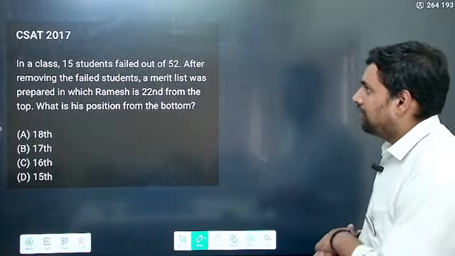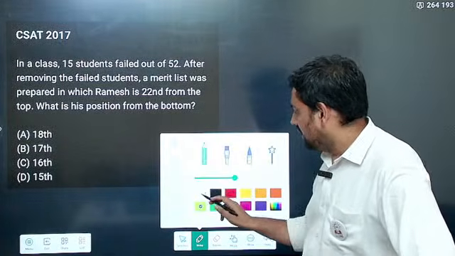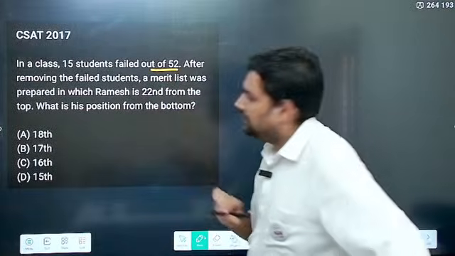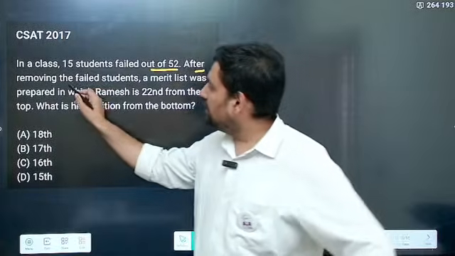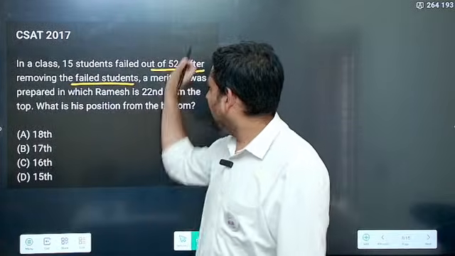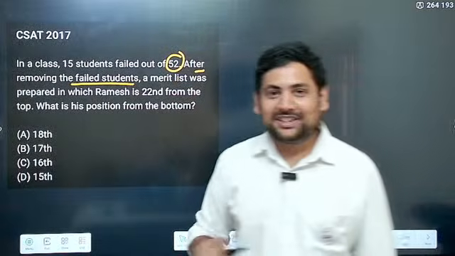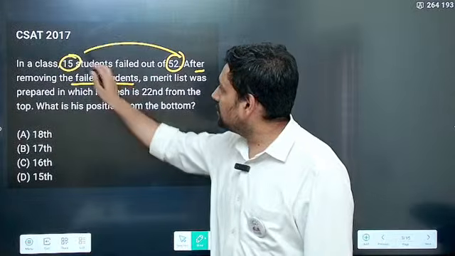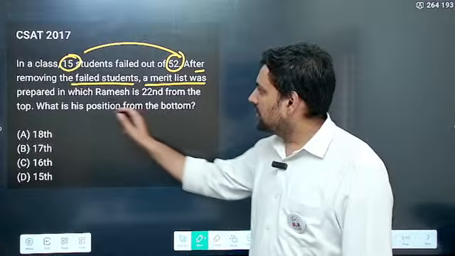Now, if you read the question, it says in a class, 15 students failed out of 52. After removing the failed students, that means the first thing they do is remove the 15 students who failed. Then a merit list was prepared.